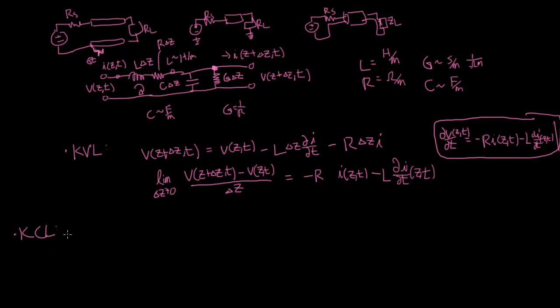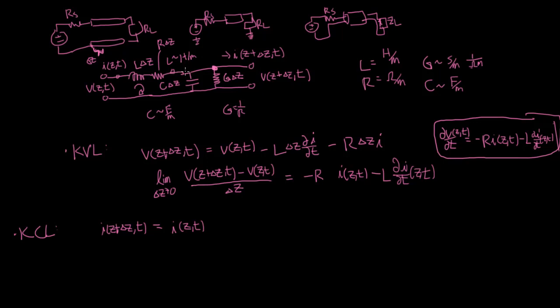If you look at that node, the current coming out is the quantity we're looking for, so the current on the other end, I of z plus delta z, t. And that is going to be equal to the current coming in, which is going to start out with I of z, t.